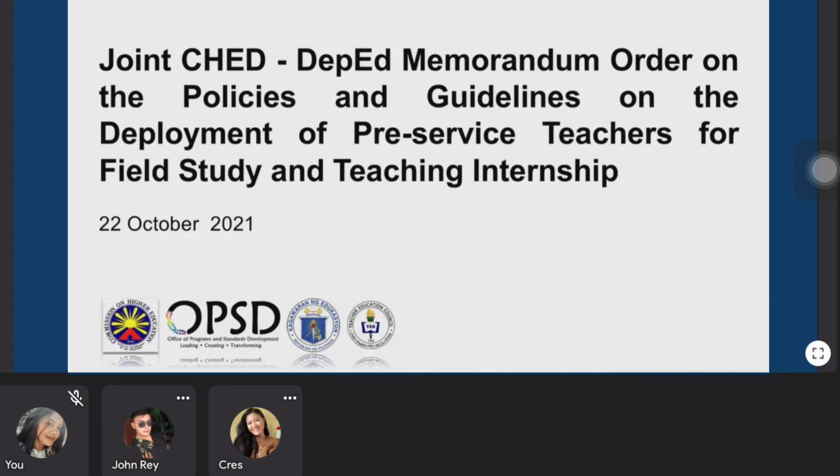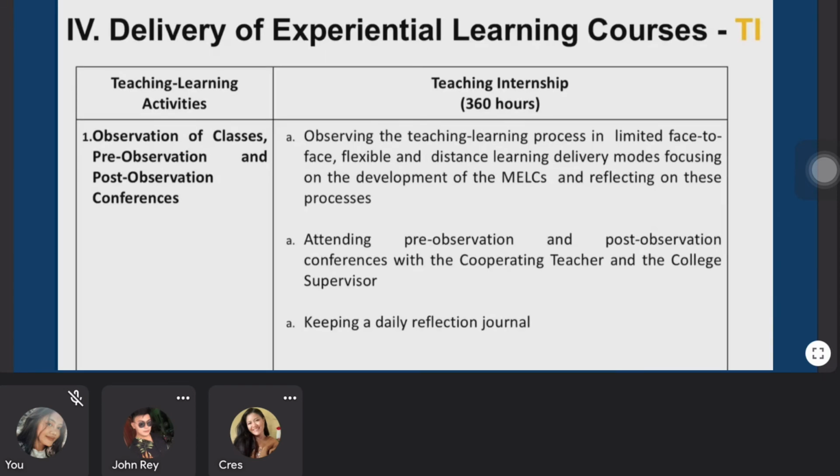So here is the delivery of experiential learning courses. We have the teaching learning activities and also the teaching internship, which is given a time of 360 hours. From the teaching learning activities, first we have observation of classes, pre-observation and post-observation conferences.